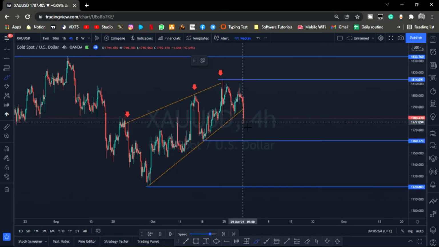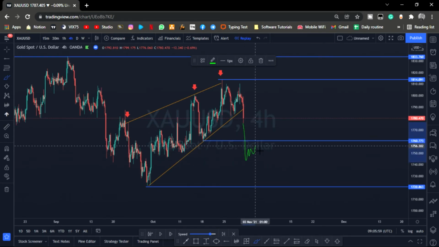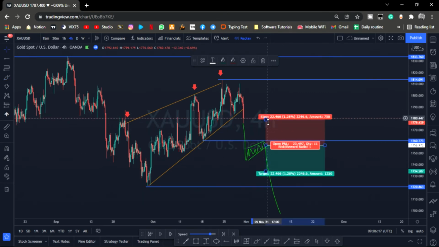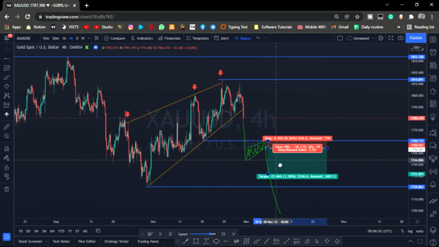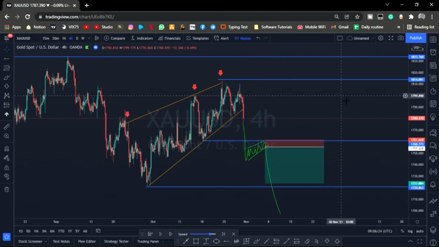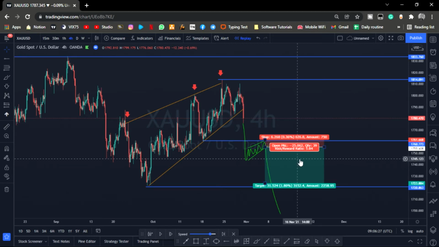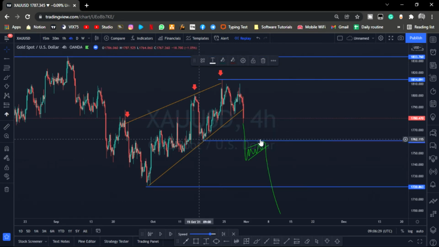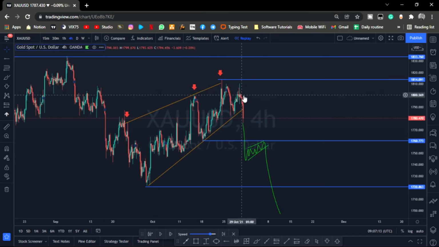Because the price might drop down and then come back to retest this zone and then drop down. The trade would look something like this. This is a very high quality setup because we have the resistance zone confirming the retest, and we have this structure. And all that depends on how price comes to this resistance zone.